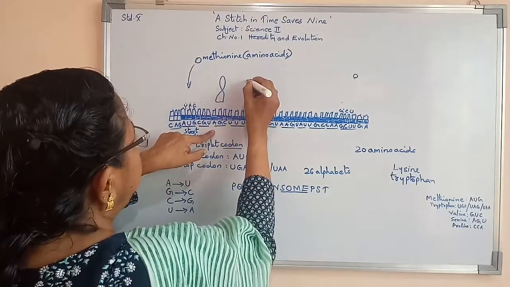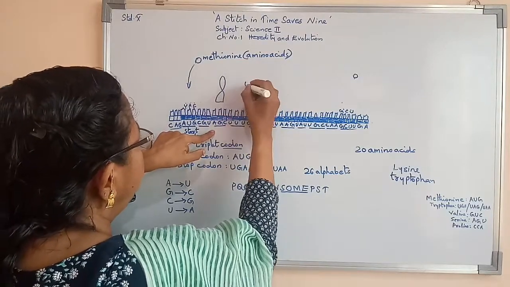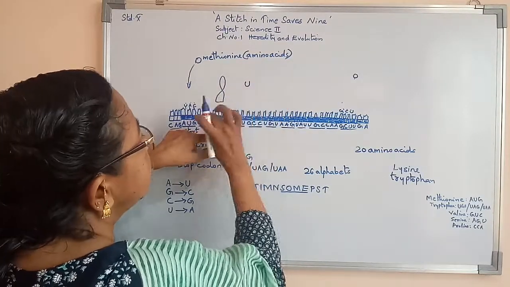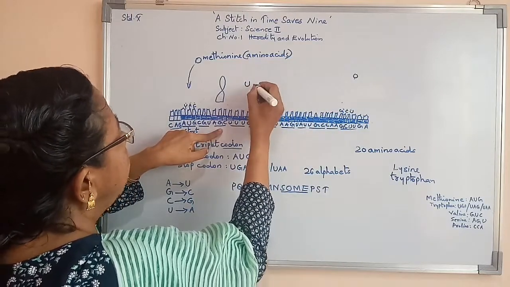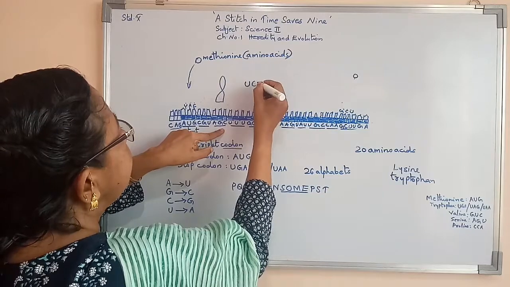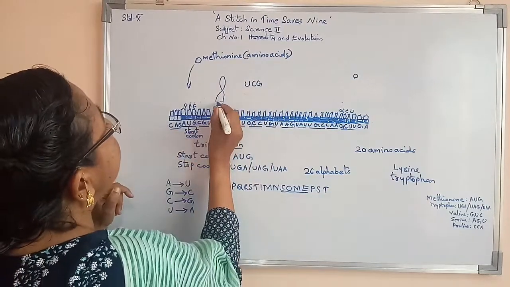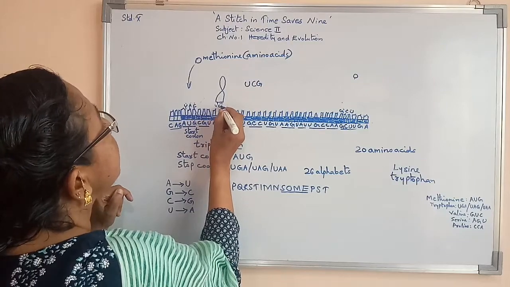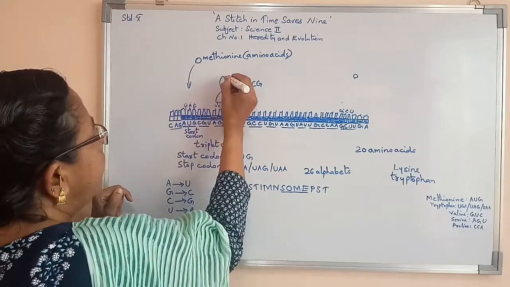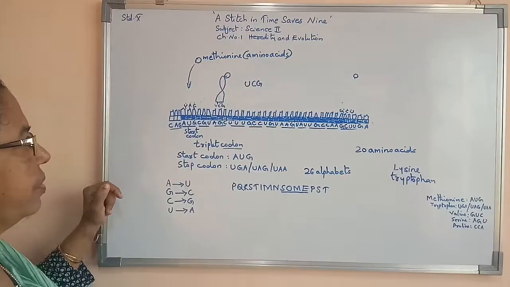A means there should be U, then G, because this is RNA, so instead of T there should be U. G is there, C is there, then G. So I am making here now like that, U, C, G, and here one suitable amino acid will be there.